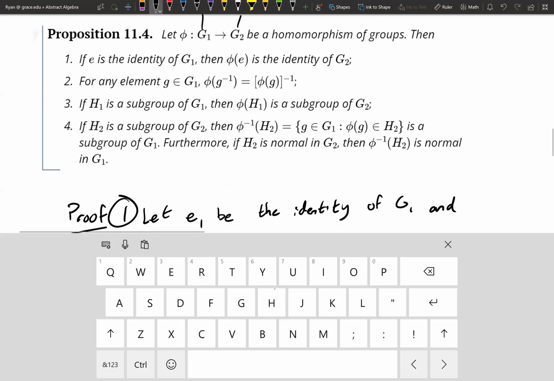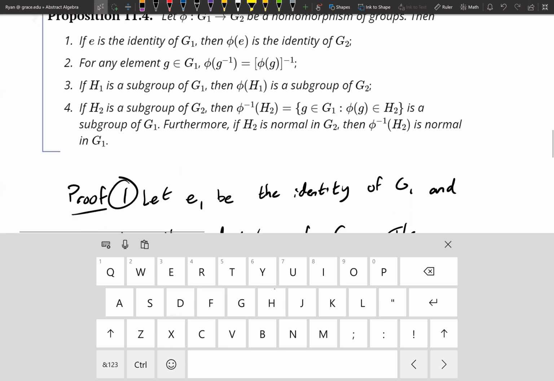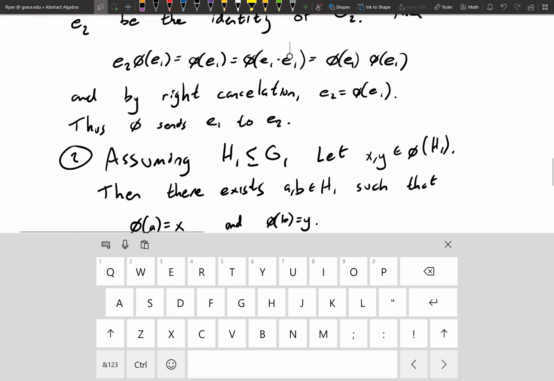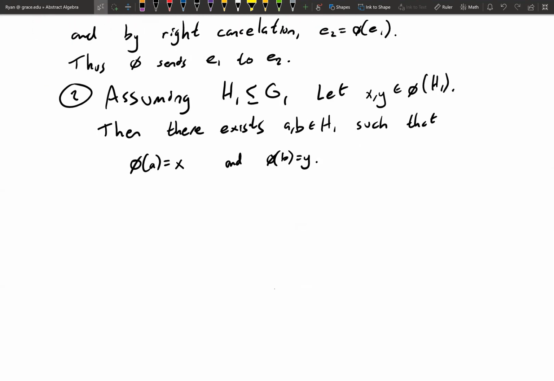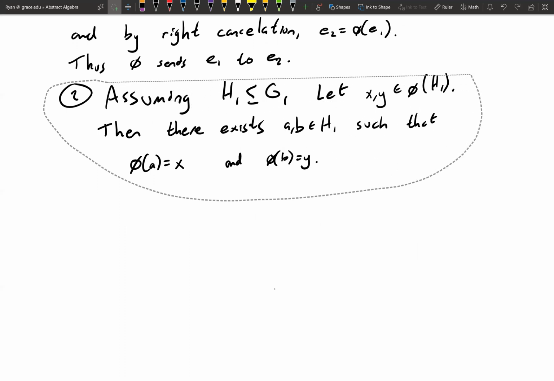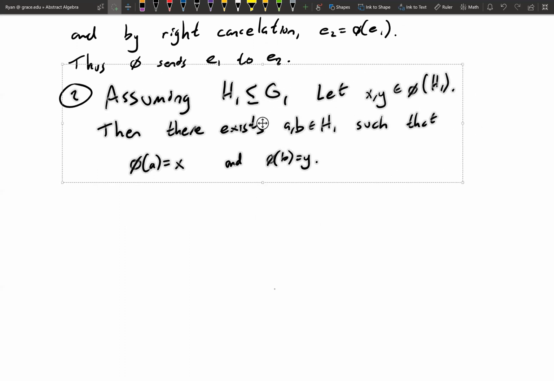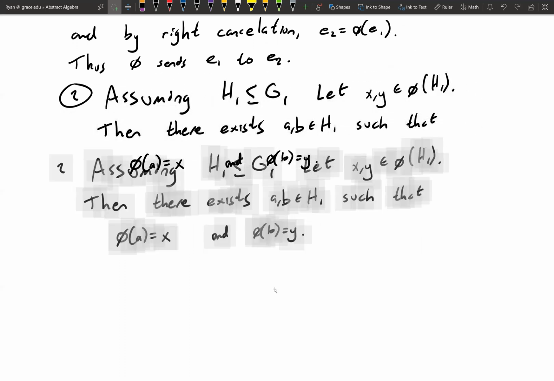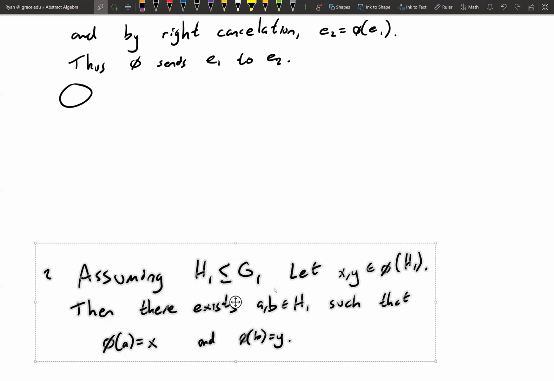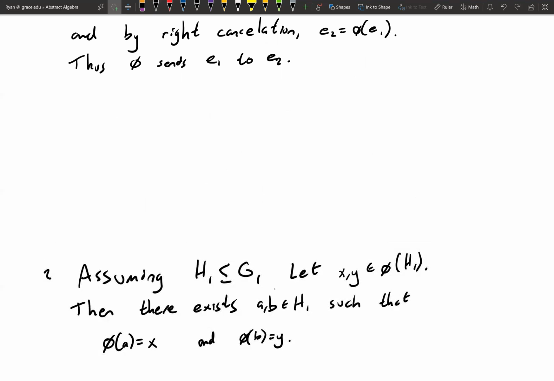No, I'm getting ahead of myself. Guys, I started proving 3. This is what I get for having a meeting right before class. Okay. Lost the circle. That's 3 now.